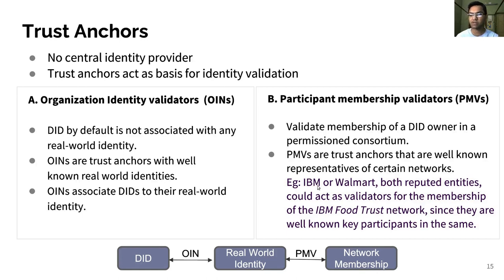For example, IBM or Walmart both are reputed entities of the IBM Food Trust Network, and hence they can act as PMVs for this, and they can attest the participation of others in IBM Food Trust Network as well. But ultimately, the choice of the trust anchors entirely depends on the network and its participants.